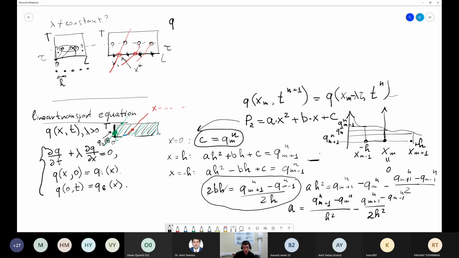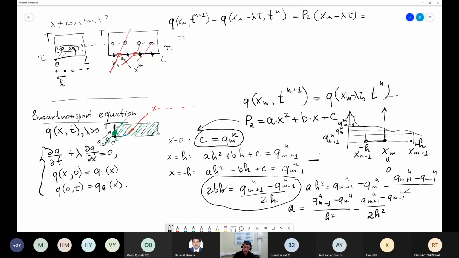q at the point xm at time t n plus 1 is equal to q at xm minus lambda tau at t n, which is equal to the p2 at the point xm minus lambda tau.